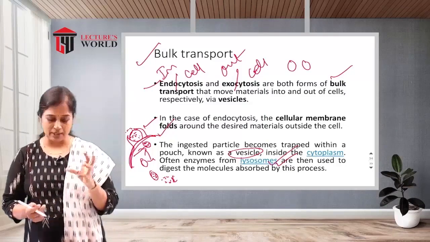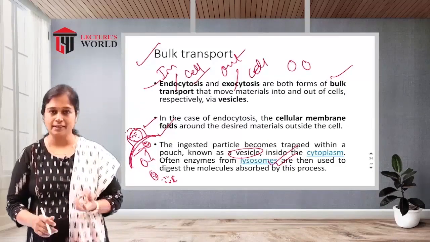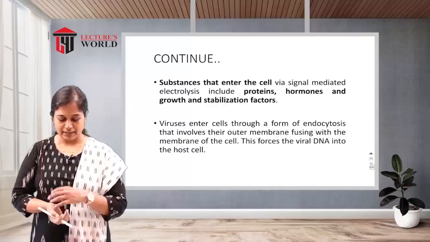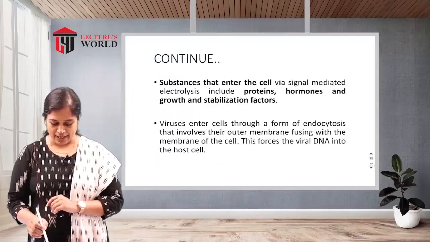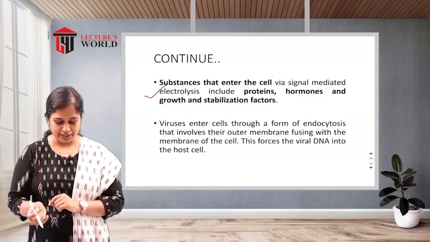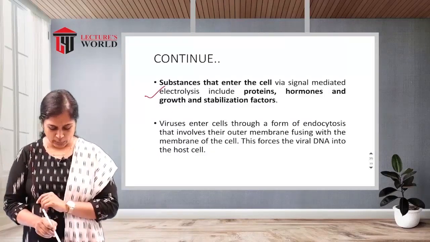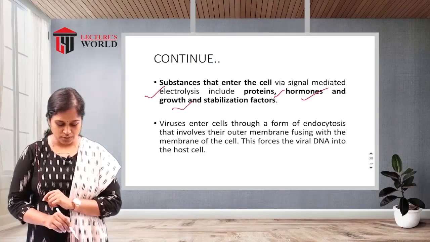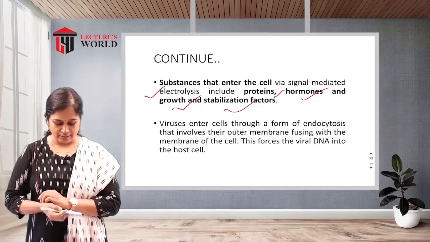So this is the bulk transport, endocytosis and exocytosis. The substances that enter the cell via receptor-mediated endocytosis include proteins, hormones and growth and stabilization factors.